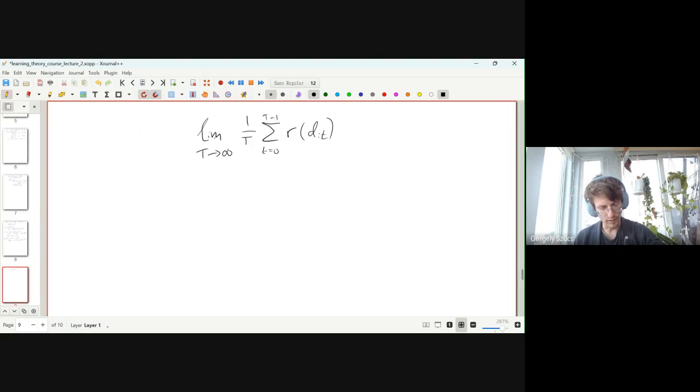But this limit doesn't necessarily exist in general. So another thing you could take is the worst average in the limit, and I think that would be fine if you use just this lim. Define u of d to be this. That would also be fine, so you could work with that.